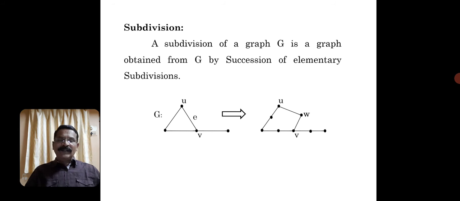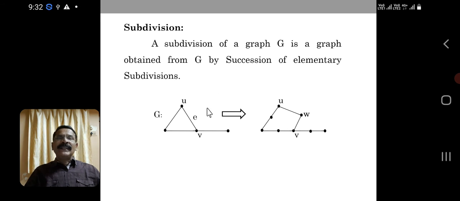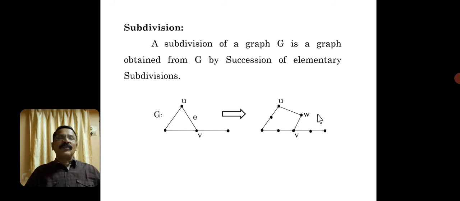Instead of E, we introduced W and joined it with U and V, so in between you are inserting one vertex. Similarly for this edge, I introduced one more vertex.